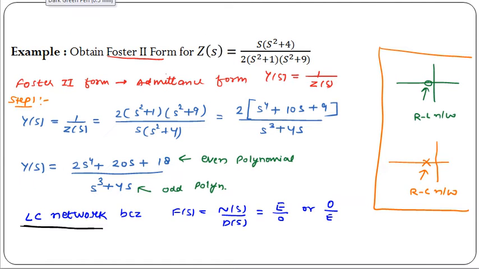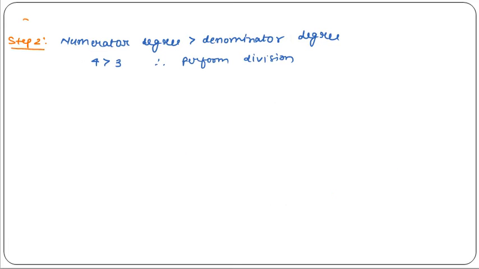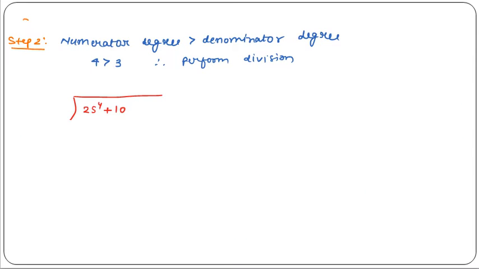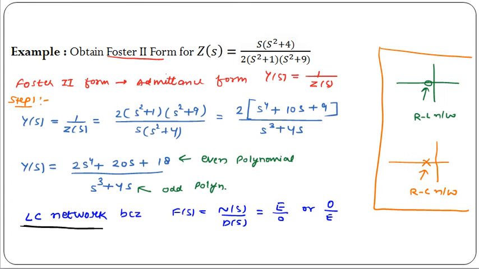So the function given is 2s power 4 plus 20s square plus 18 divided by s cube plus 4s. Okay, so let us divide these terms. So this is 2s power 4 plus 20 into s square plus 18, which is 2s power 4 plus 10 into s square plus 9.